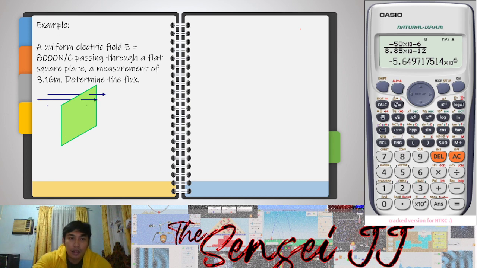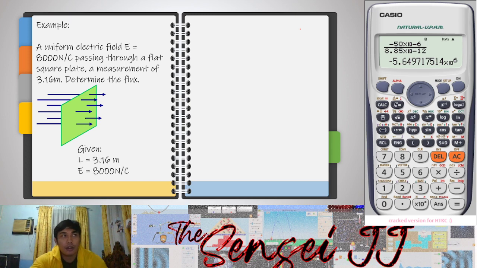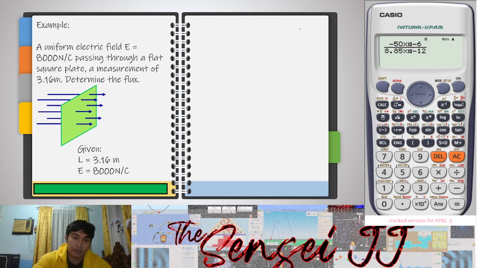So here are the electric field lines that pass through it. We have here our given length of 3.16 meters and our electric field lines of 8,000 Newton per Coulomb. Medyo madali lang to, and I hope guys na ating masagutan to. So please try to solve this one and please check if you have the same answer as me.